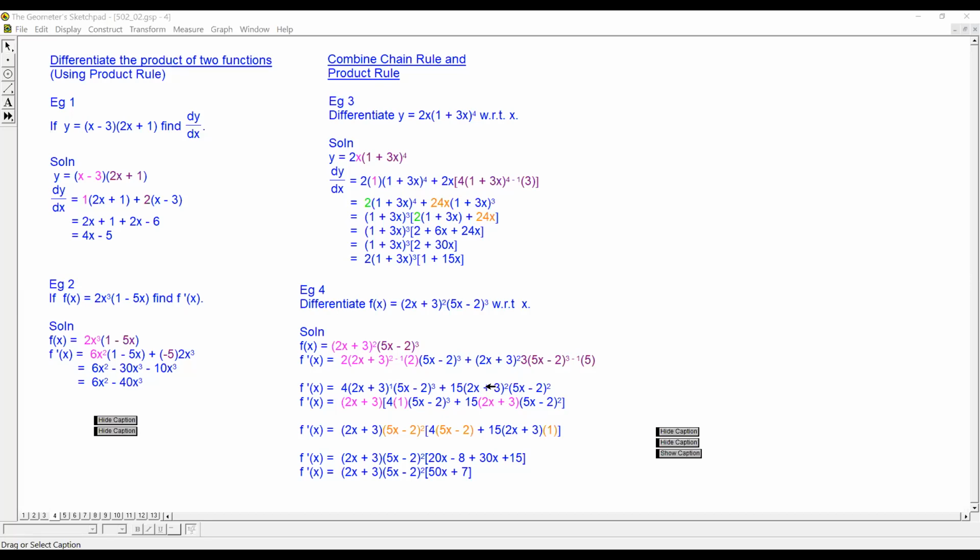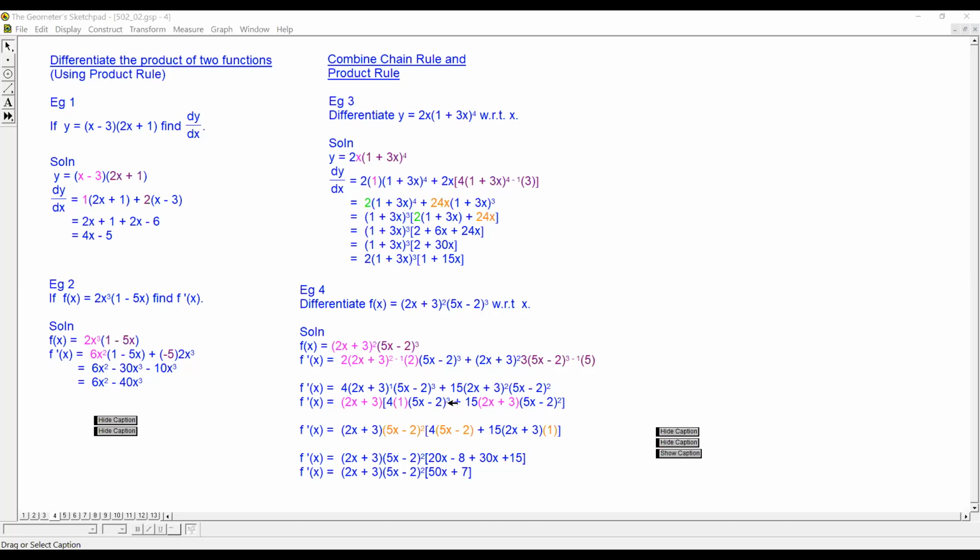The pink color. 1 more left here. Then the rest, I just copy down. So the first common factor, I have taken out already. Can follow or not? The first common factor? Can. Now there's still another common factor there.